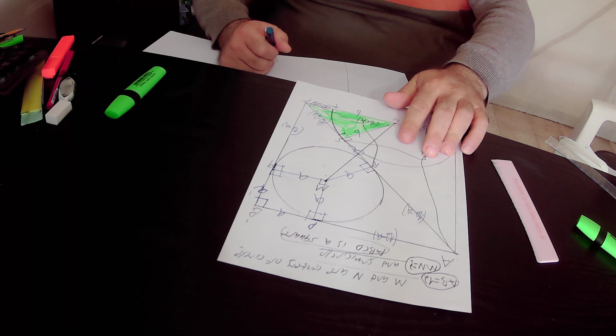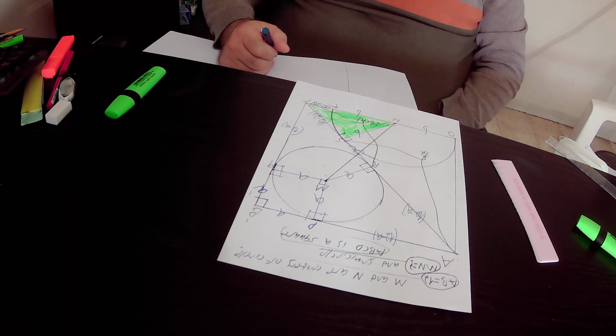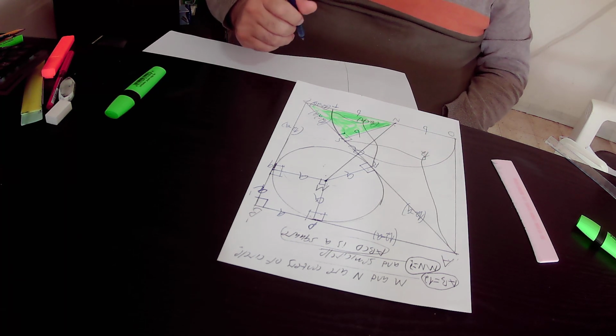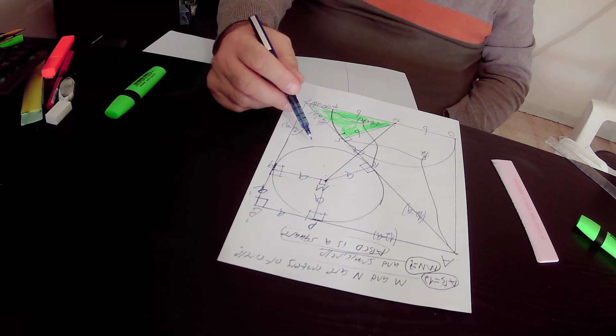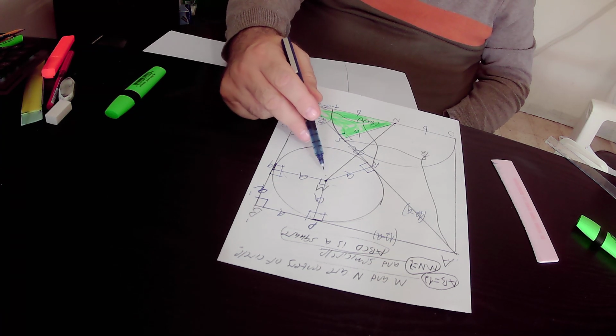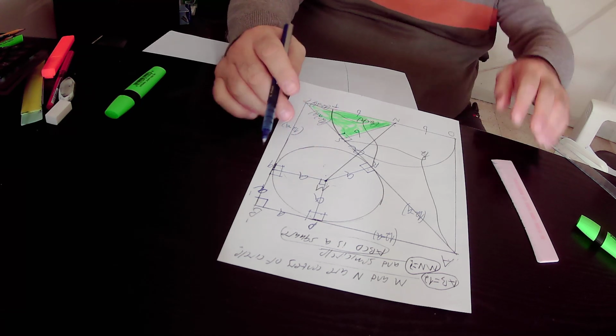In the next step we will do a construction from point M. From point M we will draw a perpendicular on RM.